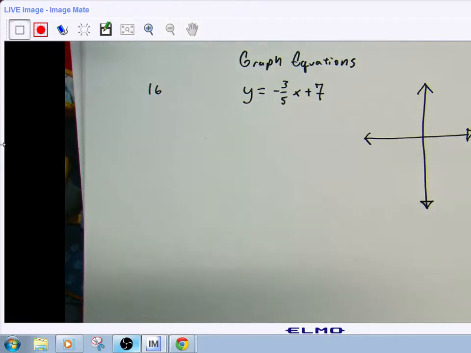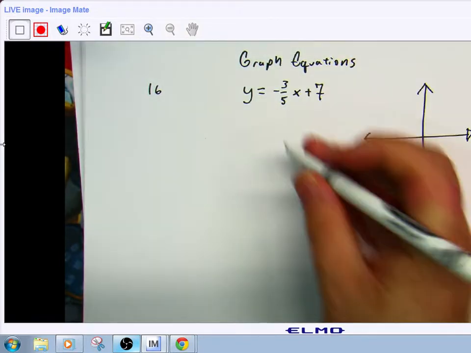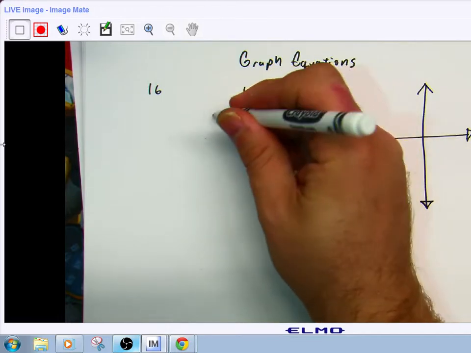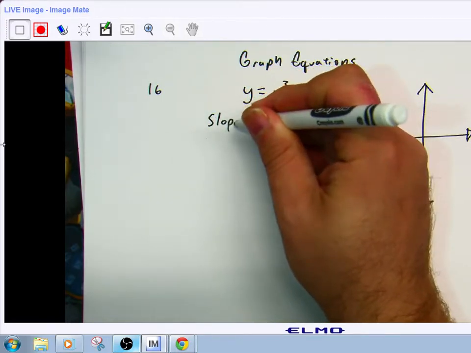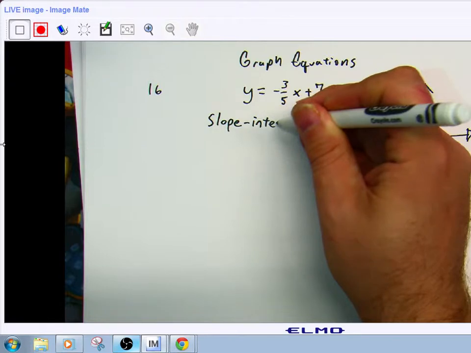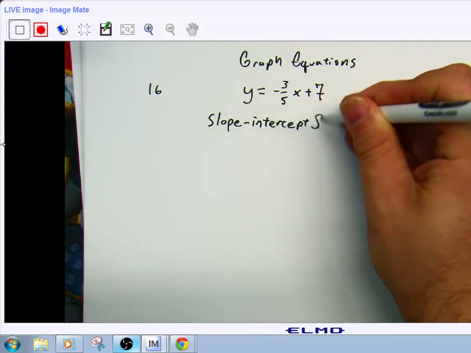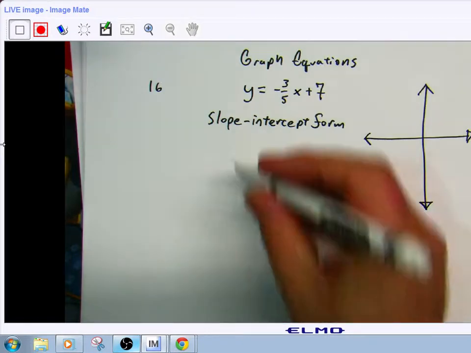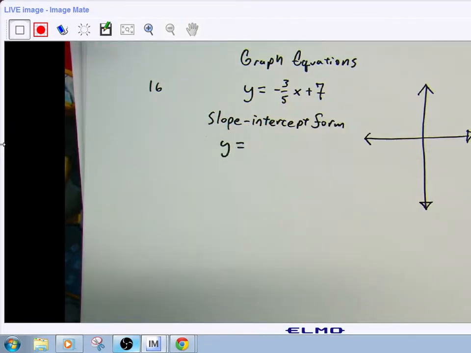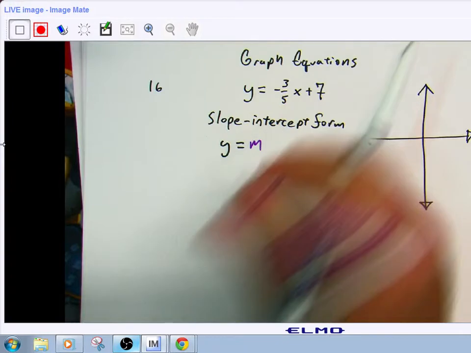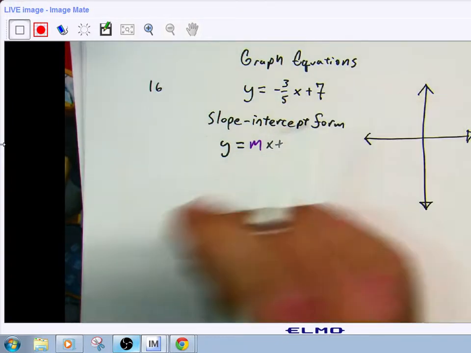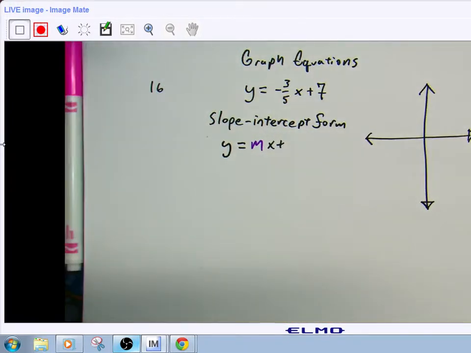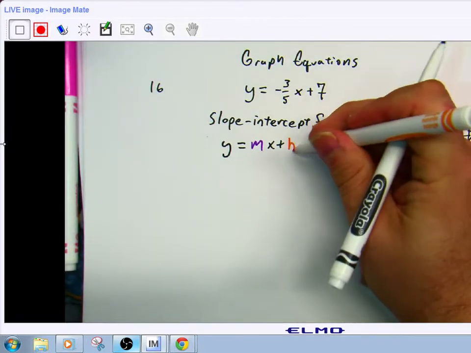And so whenever we see this, we have to be able to recognize that this is an equation that is in slope-intercept form. And what we should know is that slope-intercept form is y equals mx plus, let's go orange, plus b, okay?